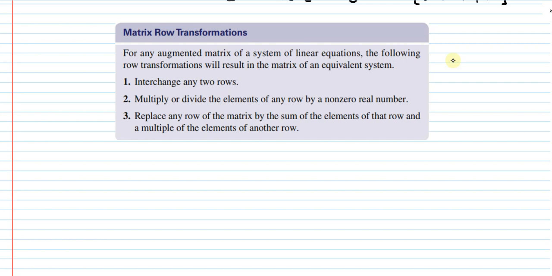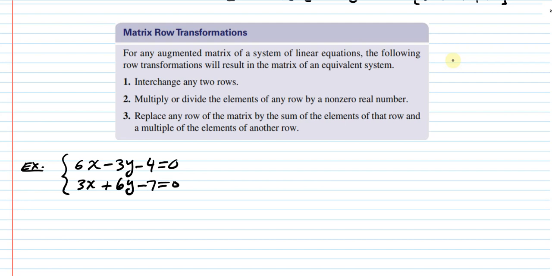So let's actually do an example where we use Gauss-Jordan elimination to solve the system. My example: 6x minus 3y minus 4 equals 0, and the other one, 3x plus 6y minus 7 equals 0.